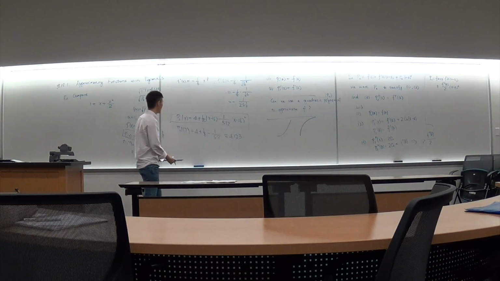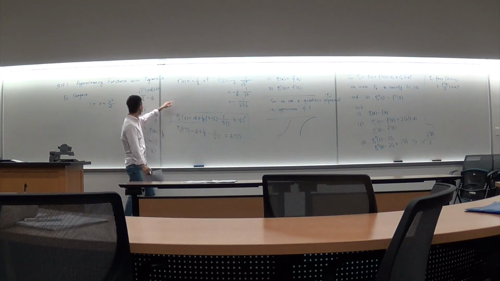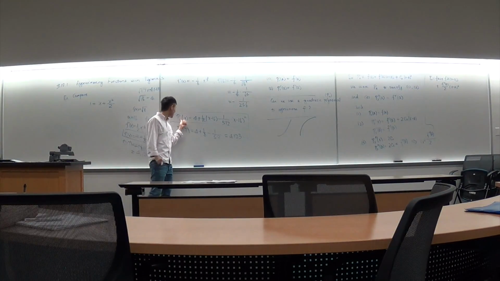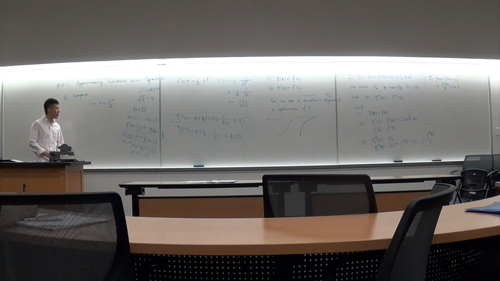Now let's compare this with the true value of the square root of 17. Now it's even closer, which says P2 gives a better approximation. So that's the idea.